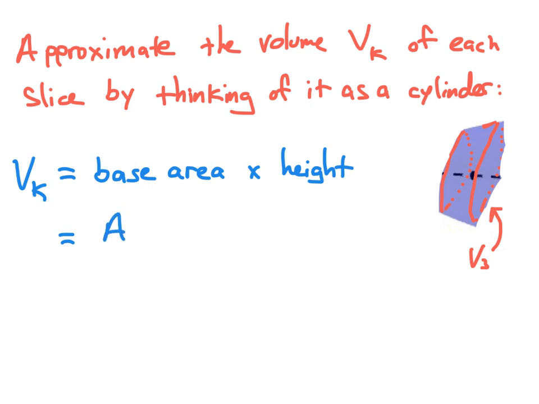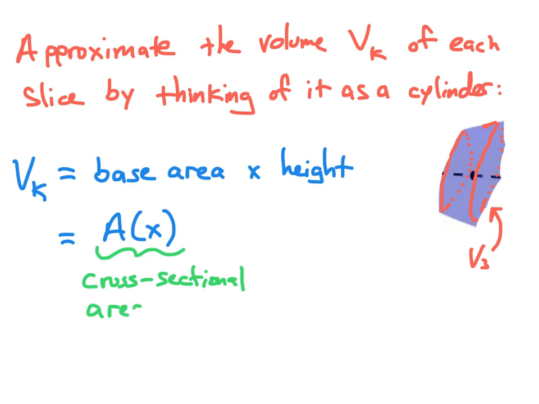And so we're going to give that just a functional name. I'm just going to call it capital A of x. And this will be the cross-sectional area function. And so it is a function that at whatever value of x we choose along the x-axis, A of x will be the cross-sectional area of our solid.